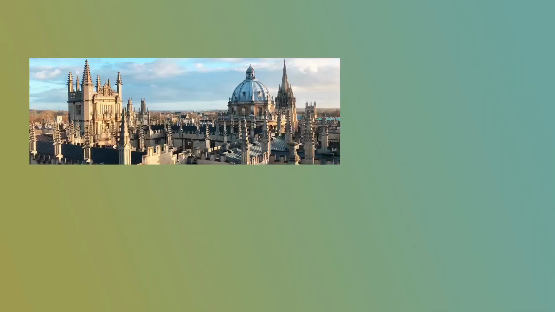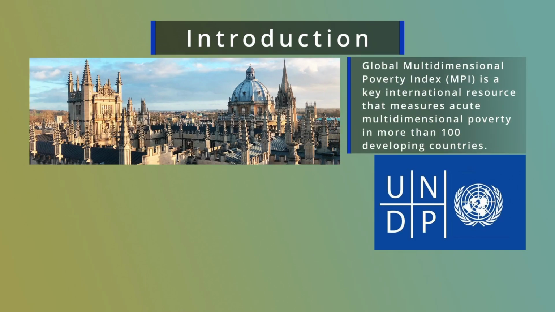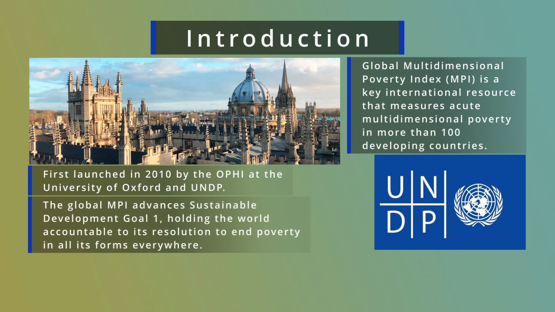The multidimensional poverty index is a key resource to understand the extent of multidimensional poverty in more than 110 countries of the globe. It was developed by the Oxford Poverty and Human Development Initiative of the University of Oxford, and the measurement is based on a methodology developed by Alkire and Foster.